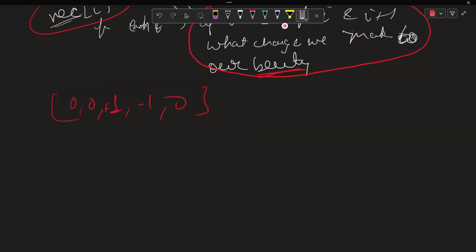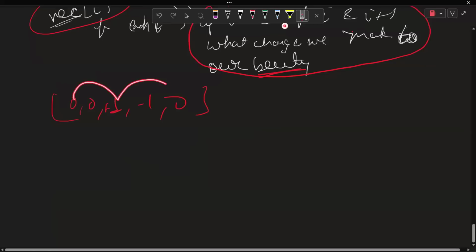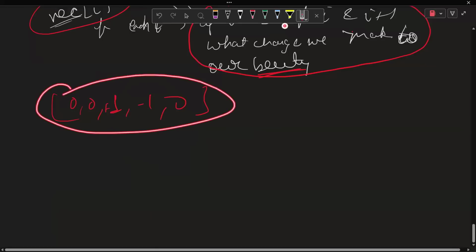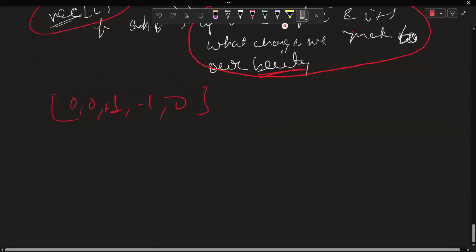There can be two cases: if you are taking L as odd, you are doing it for odd indexes. If you are taking L as even, you are doing it for even indexes. So this particular array that you got, you can break into an odd indexed array and an even indexed array.